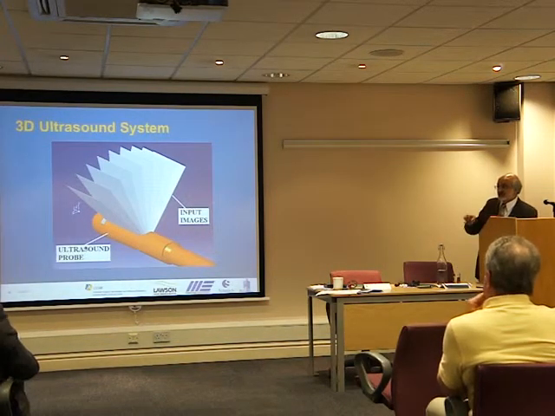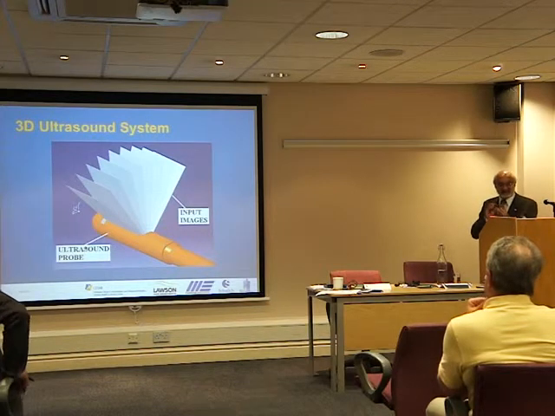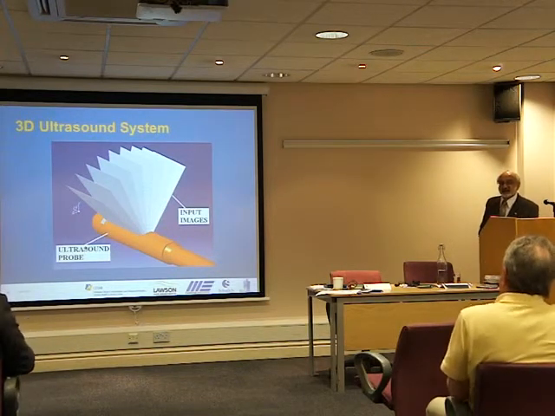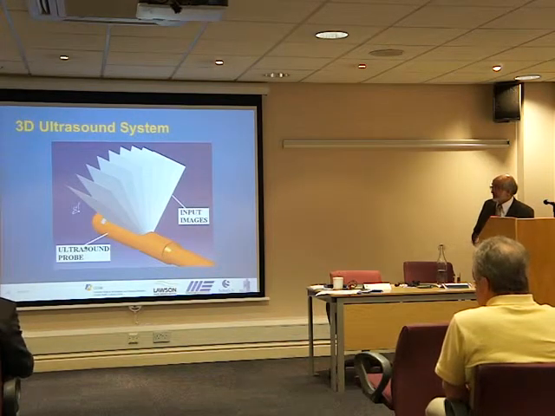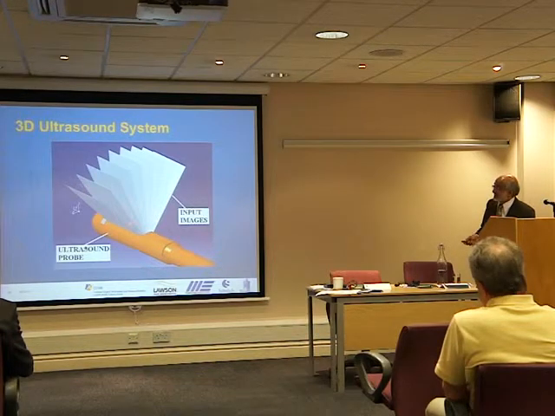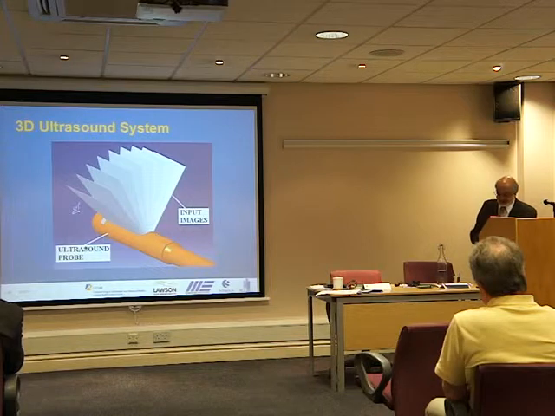The probe that we had rotated rather than moved in and out. In some cases you would directly get rectangular slices. Here you get slices in a wedge, and then these are put together into a 3D image. So this is a somewhat time-consuming computation, but it can still be done in real time.